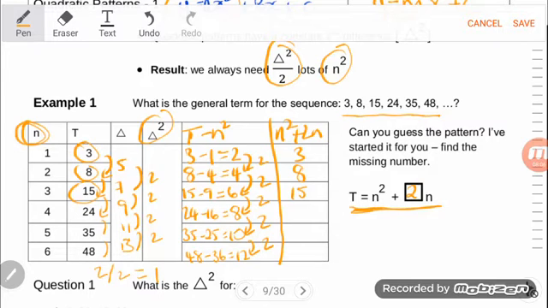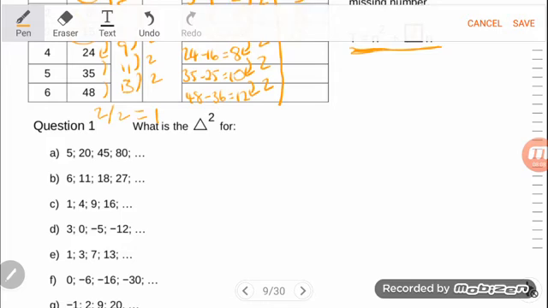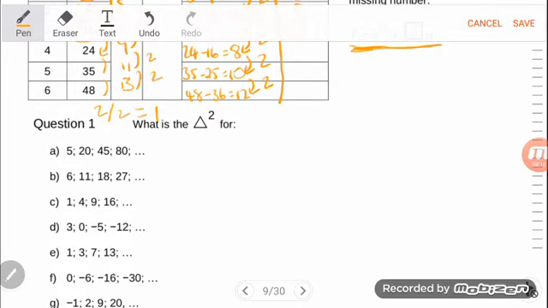Right, let's do an easier example, shall we? Let's go to C, which is this one here. So we've got 1, 4, 9, 16. What's our first difference? First we've got 3 as a difference.